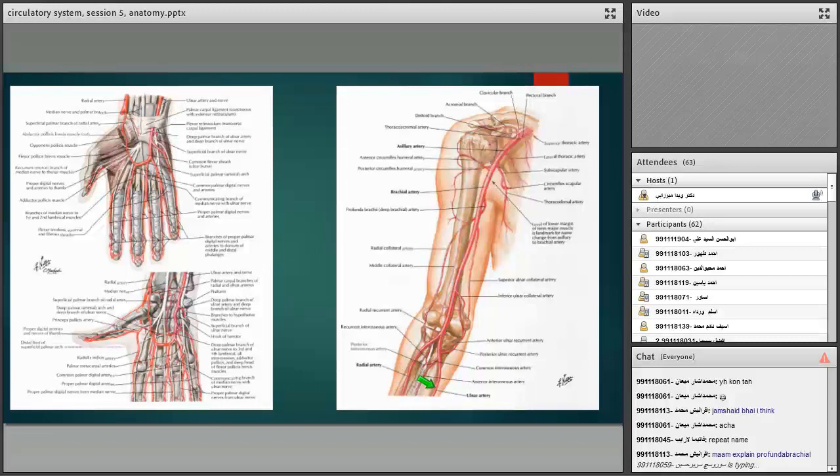Radial and ulnar arteries are going downward and making these arcs, superficial and deep arcs in the hand. They are supplying the blood for all parts, muscles and bones of the upper limb.